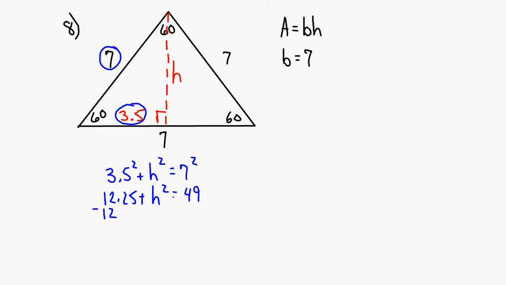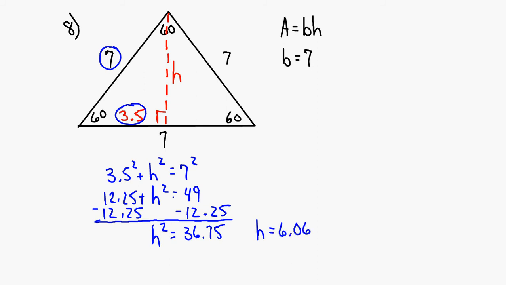Subtract 12.25 from each side. And h squared is going to equal 36.75. So h is going to be equal to 6.06. Alright, so the height of this triangle is 6.06.